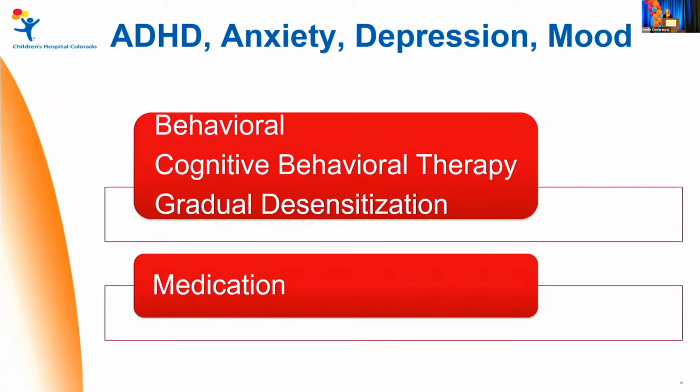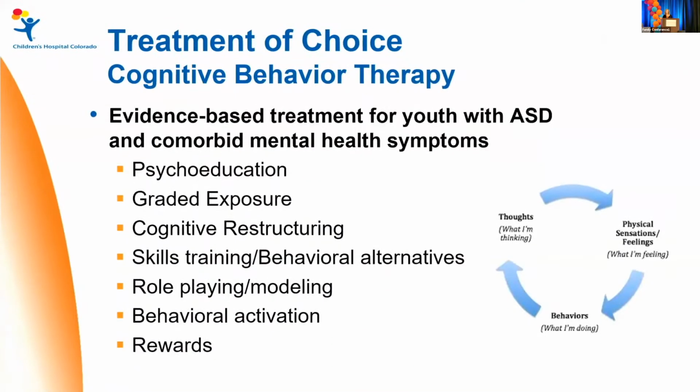I think that anytime you have a comorbid mental health condition, it can be very difficult to make that diagnosis, but also the intervention should always try behavioral type strategies first. And then sometimes medication can obviously be helpful.